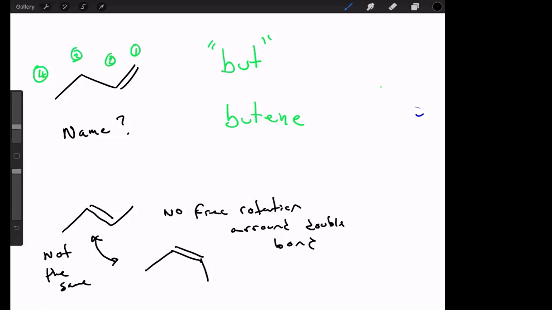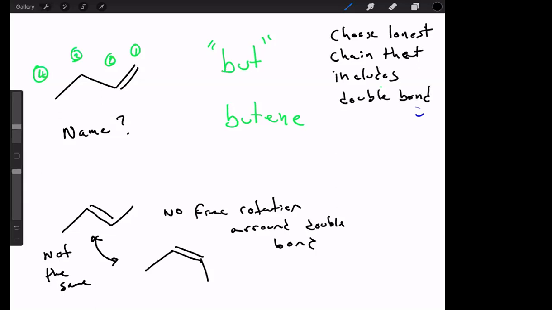Well, we're still going to choose the longest chain, but in this case, the chain has to include the double bond. So we're still going to choose the longest chain that includes the double bond.